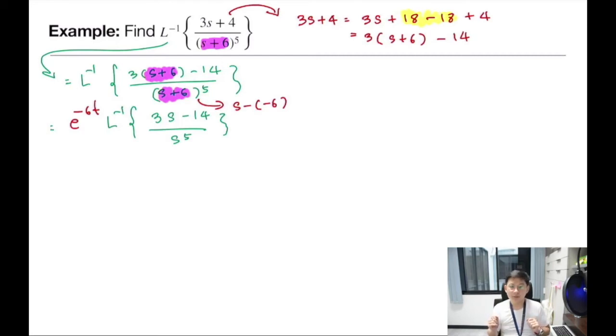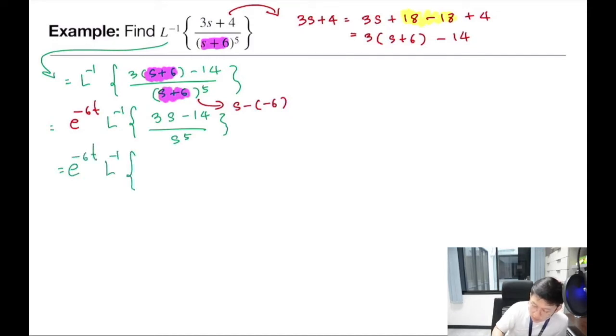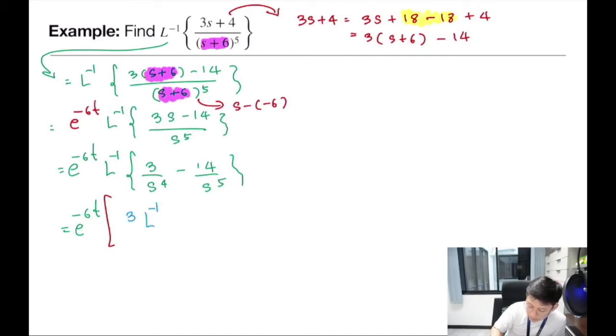Okay, and after that it is now quite simple. It will be L inverse of 3 divided by s to the 4 minus 14 divided by s to the 5, and that will be e to the minus 6t times 3 L inverse of 1 over s to the 4, minus 14 L inverse of 1 over s to the 5.